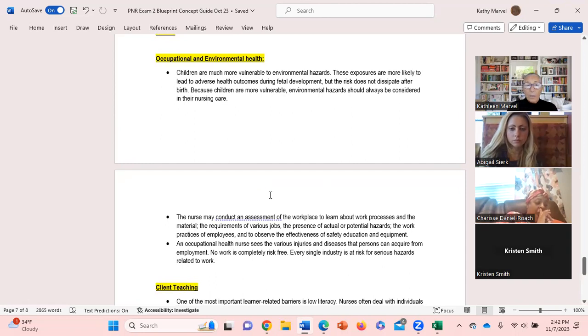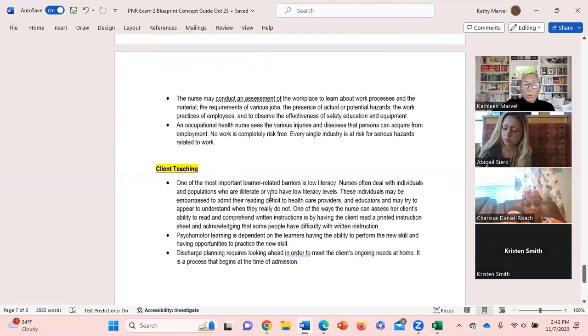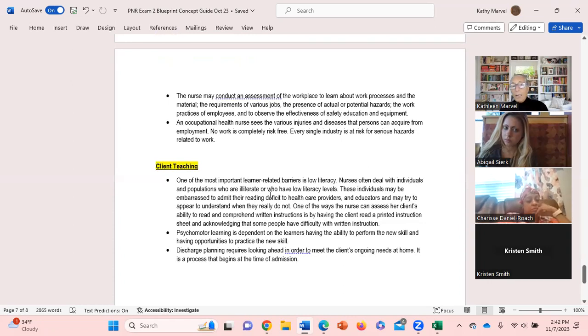Number 6, environmental and occupational health. We went through that today. So what you need to know about environmental health is that kids are much more vulnerable to environmental hazards, with a higher risk of exposure to lead. Then there's conducting an assessment of the workplace to learn about environmental exposures. This is the occupational environmental nurse.